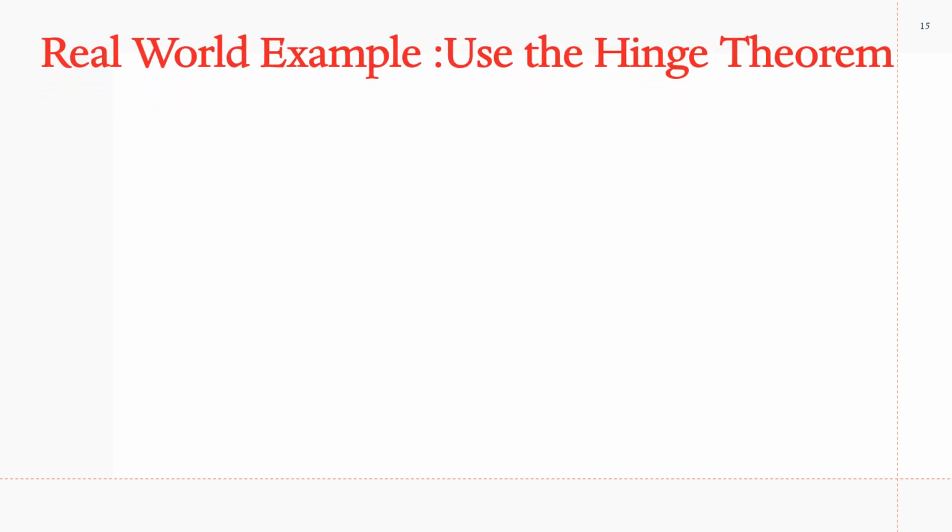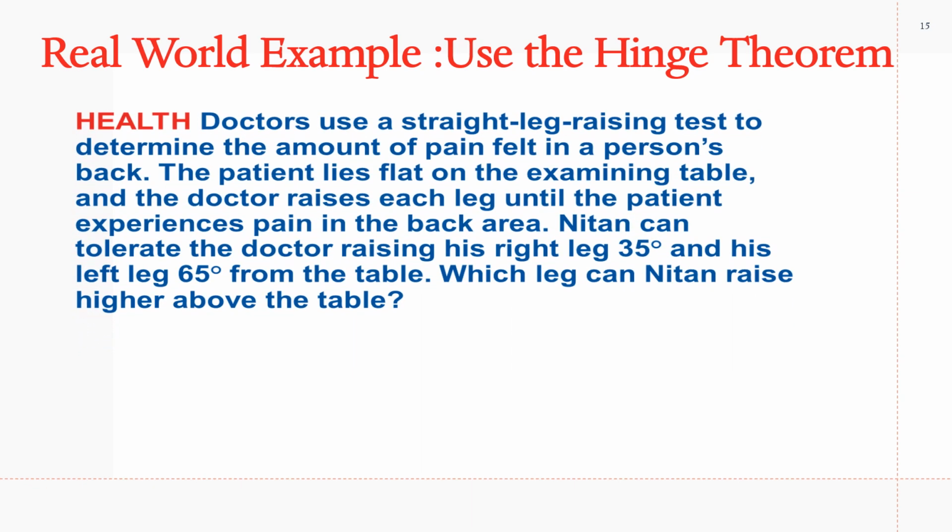Okay, so this is a real world example using the Hinge theorem. Doctors use the straight leg raising test to determine the amount of pain felt in a person's back. The patient lies flat on the examining table and the doctor raises each leg until the patient experiences pain in the back area.